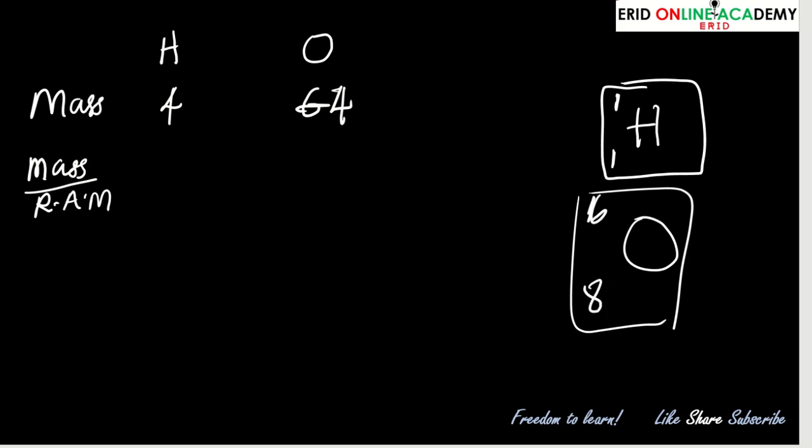In this case, 16 represents the relative atomic mass. The bigger of the 2 numbers is the relative atomic mass, while the other is your proton number or atomic number.